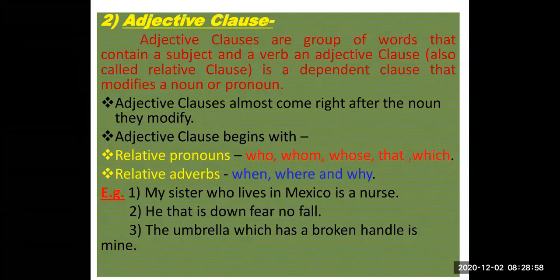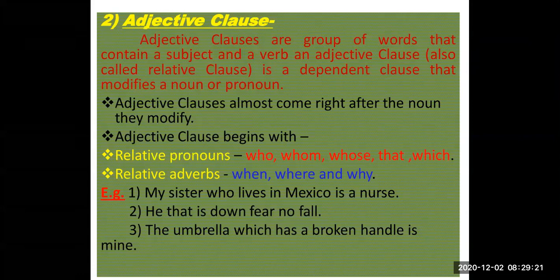What are the points? Adjective clauses are groups of words that contain a subject and a verb. Second, an adjective clause is a dependent clause that modifies a noun or pronoun. Next, adjective clauses come right on the right side after the noun they modify.